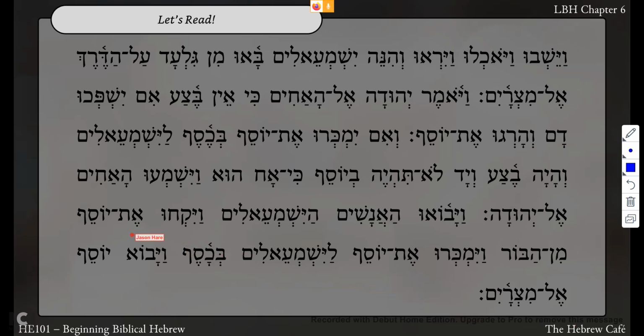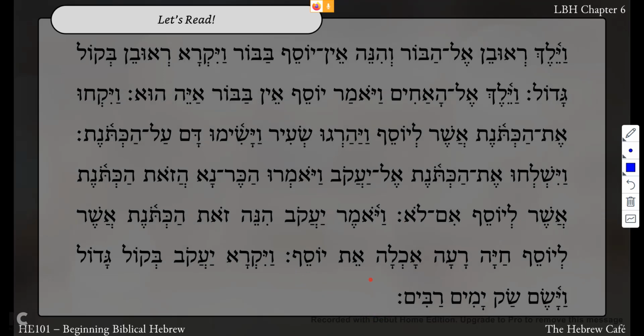So Vayavo, the subject here is Joseph. Joseph came, Vayavo Yosef, El Mitzrayim, to Egypt. The Bible isn't actually going to say El Mitzrayim here, it's going to say Mitzrayma. Just like we have hema, we can have an H on the end of a word and it means to. Mitzrayma, to Egypt. But El Mitzrayim is a simplified form and it's great.